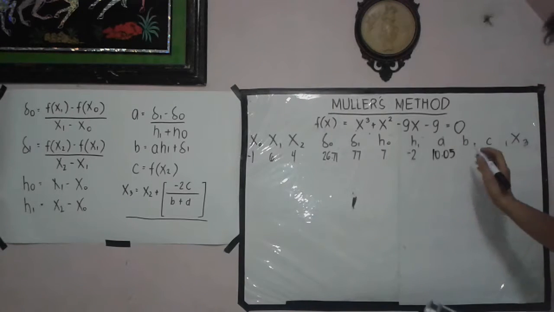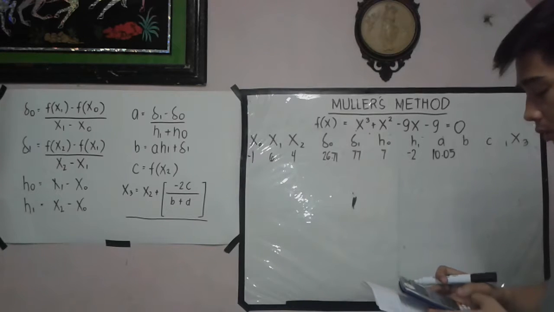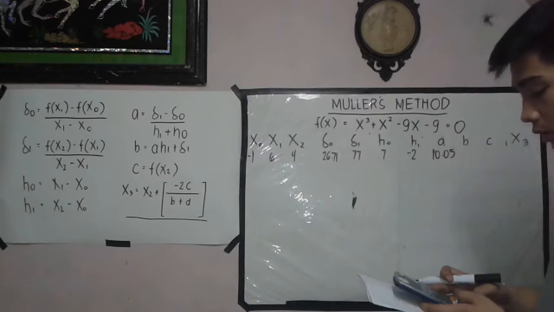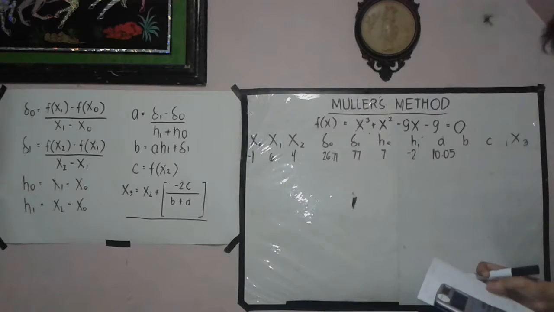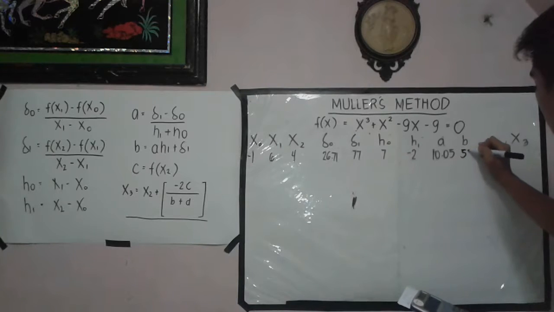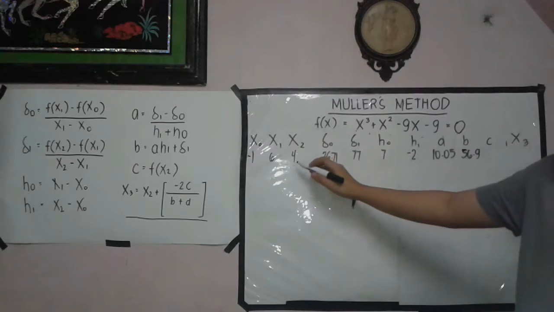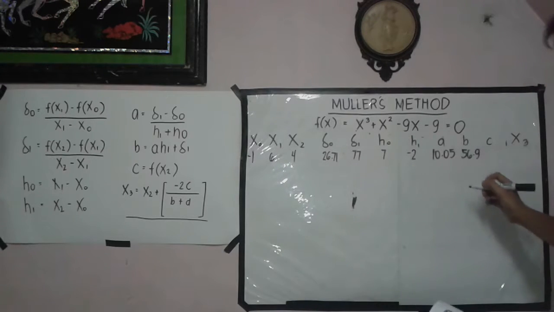So for the value of b, 10.05 times negative 2 plus 77 equals 56.9. So for the value of c, basically the value of f of x2, which is 35.